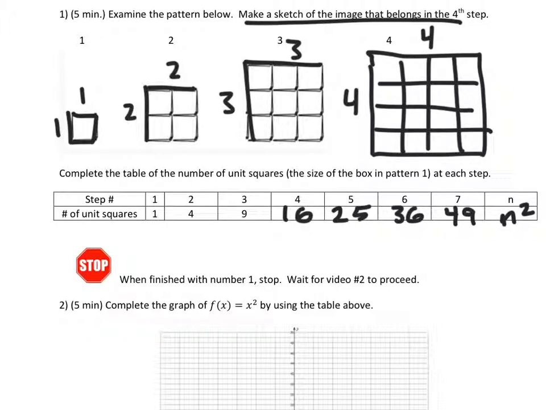So to recap, we know that linear functions grow by a constant difference. We add or subtract the same thing over equal intervals, or every step. And we know that exponential functions grow by equal ratios over equal intervals. At each step, you multiply by the same amount.